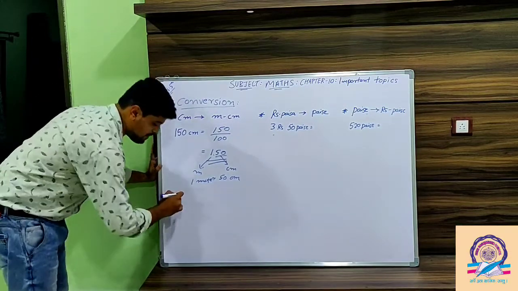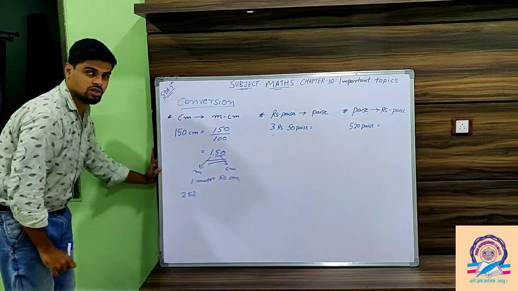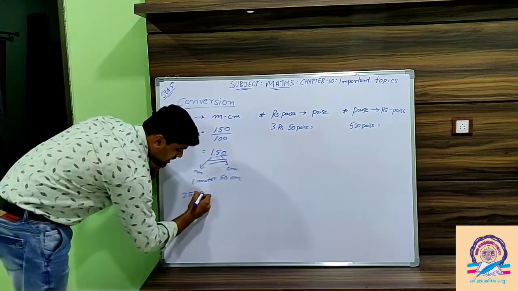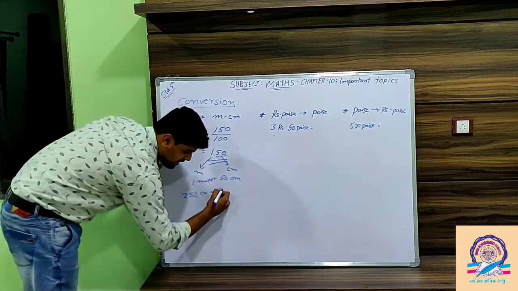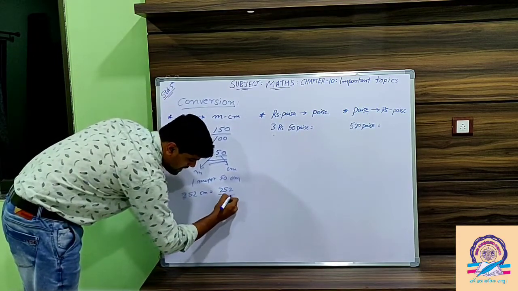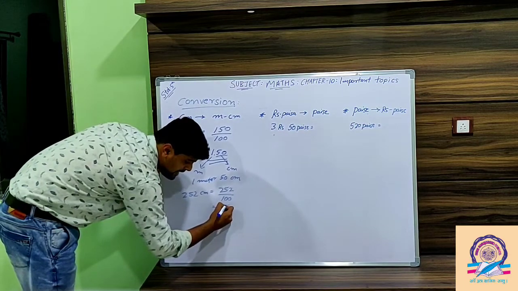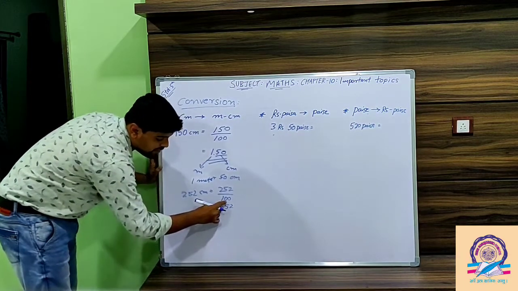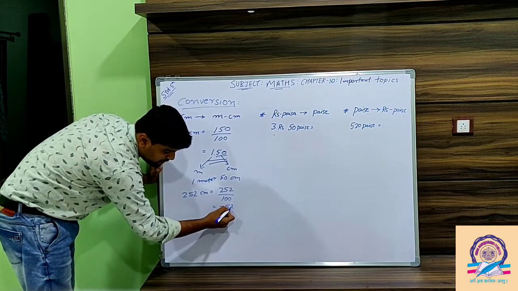Let's take another example. If you are given 252 centimeter, and you have to convert into meter and centimeter. So again we divide 252 by 100. We write the numerator as it is, and there are 2 zeros in the denominator. So I put the decimal point before 2 digits, 1, 2.